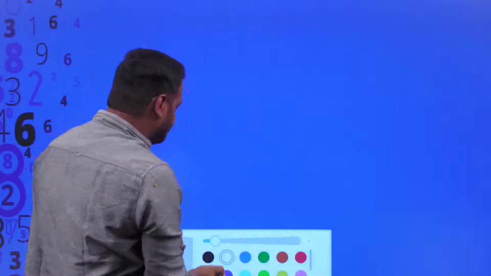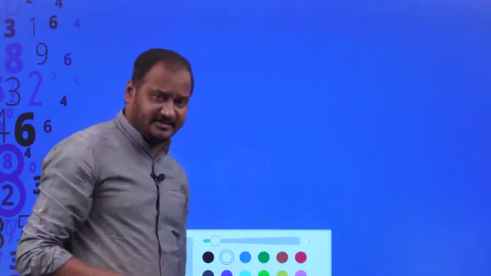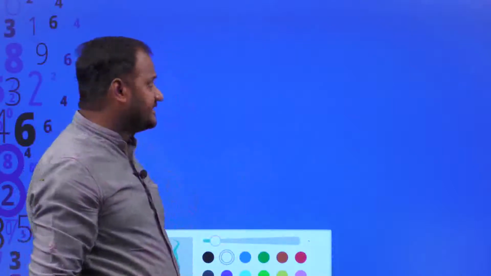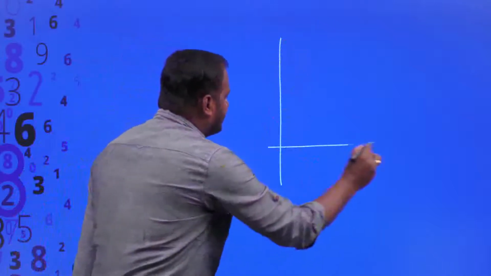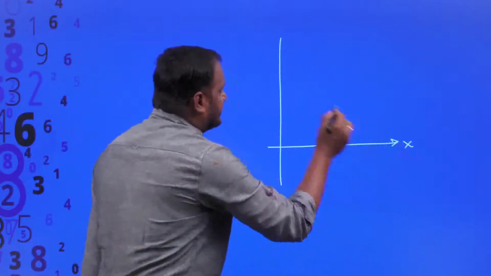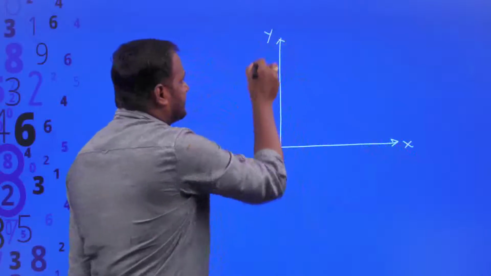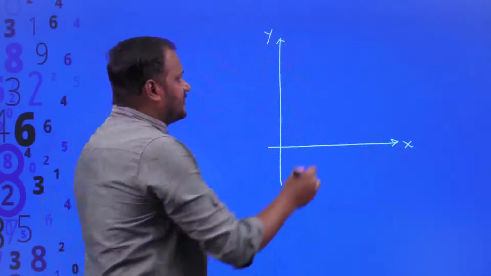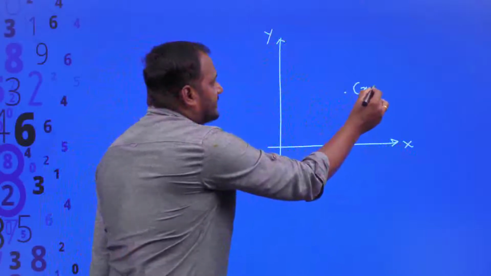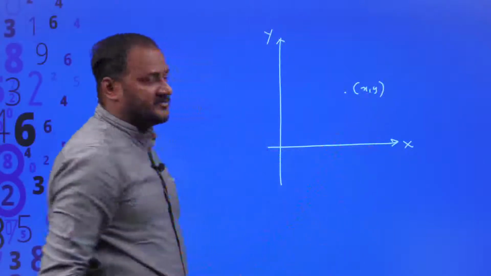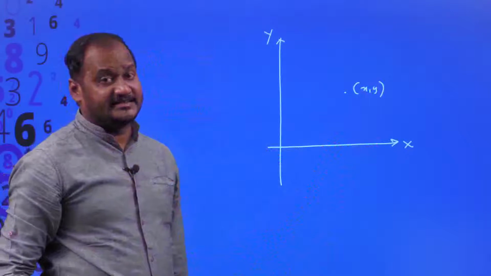Before we derive the values of these trigonometric ratios for 0 degrees and 90 degrees, let us try to understand this. This is a coordinate plane, right? So this is the x-axis and this is the y-axis. Suppose I am plotting a point here. The name of the point is x comma y, meaning the coordinates of the point are x and y.